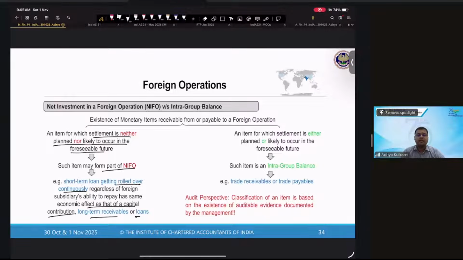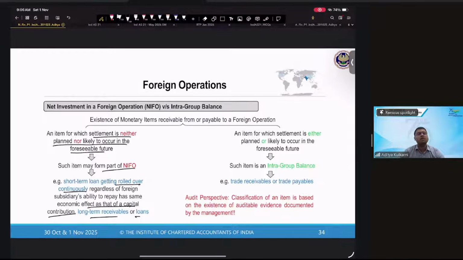So these are not NIFO. This is just an intra-group balance. Trade receivables, trade payables. Sometimes you give a short-term working capital loan with repayment inbuilt in that. You don't do a rollover. Sometimes you give a term loan for the subsidiary to buy something, but you collect EMIs on it.